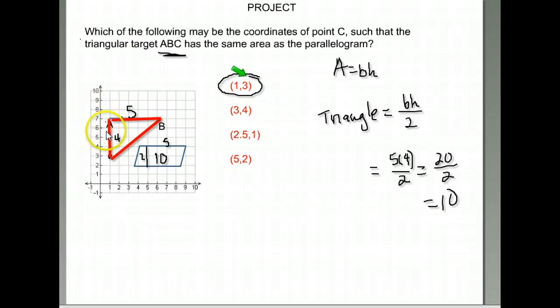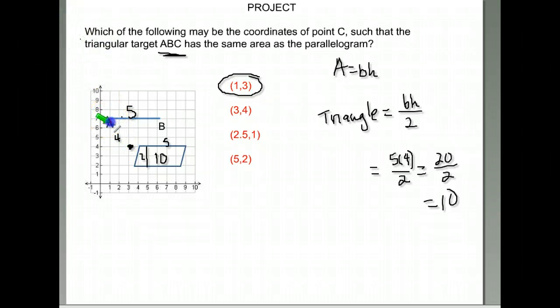Well, I got lucky and got the right answer on the first trial and error. So let me show you what would happen if it were not correct. Let's try one of these other points and see what happens. Let's try the point 3, 4. Okay, so where is the point 3, 4? It's over 3, up 4.